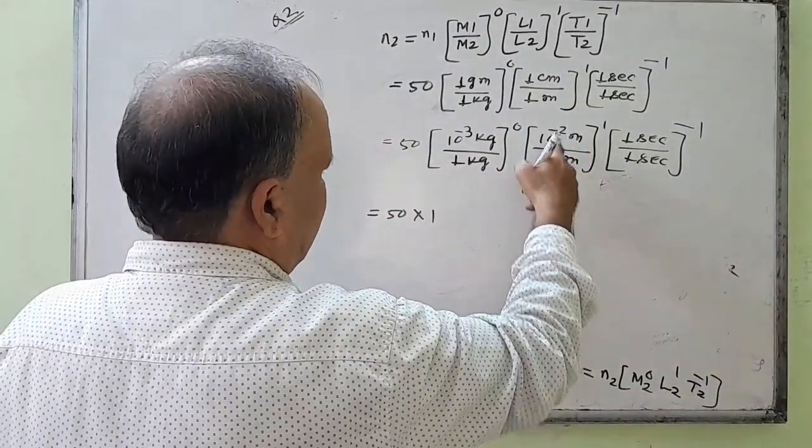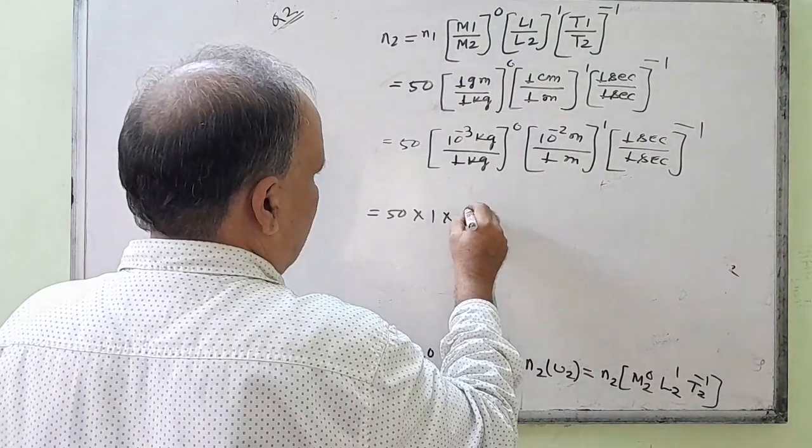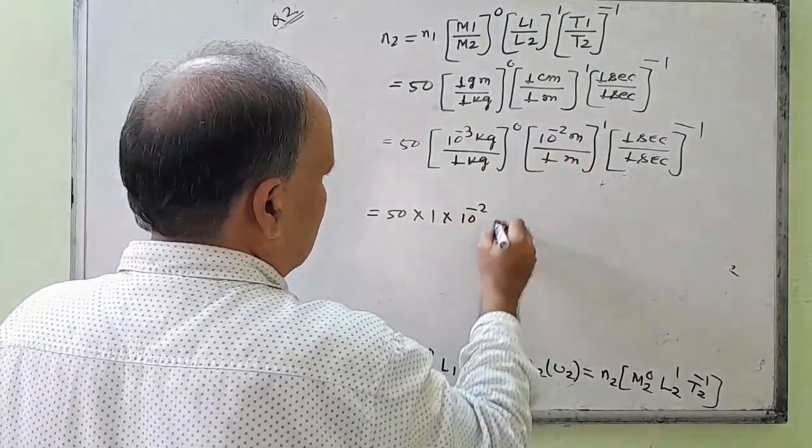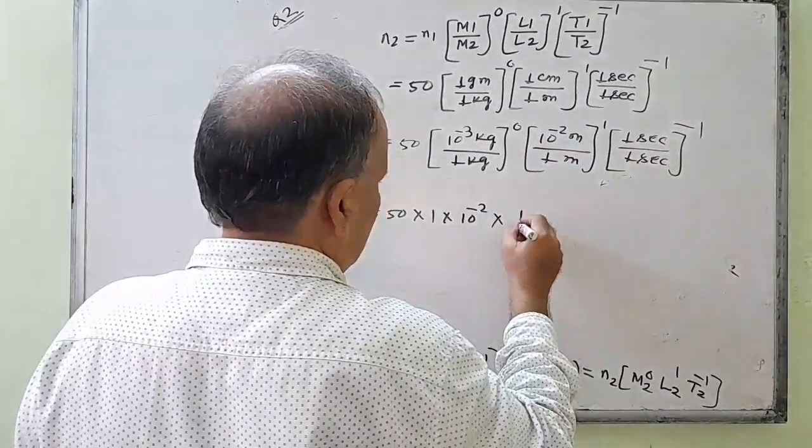Here meter cancels into 10 to the power minus 2 to the power 1 into 1 to the power minus 1.